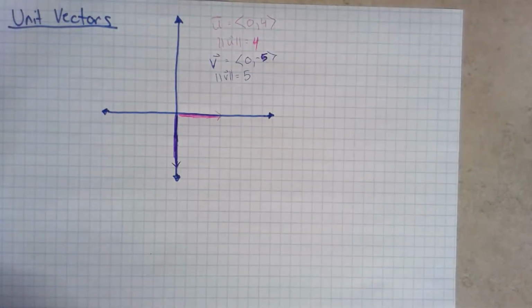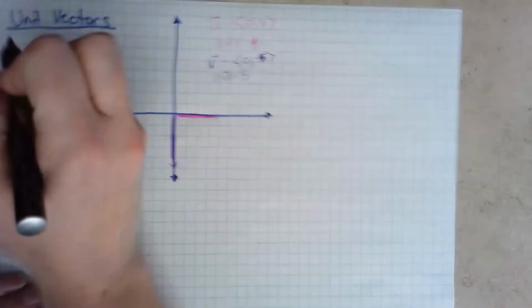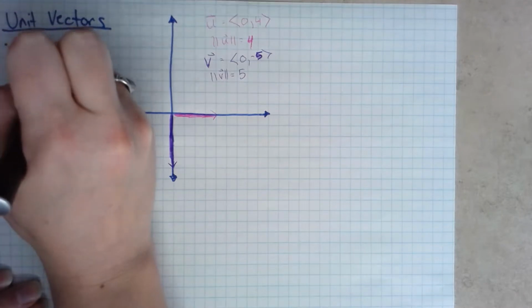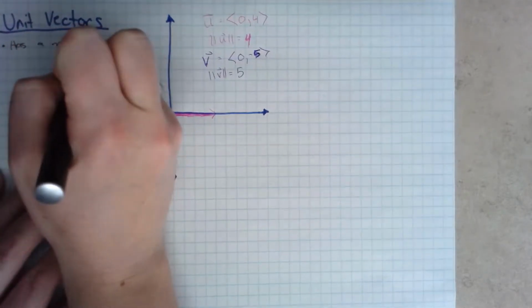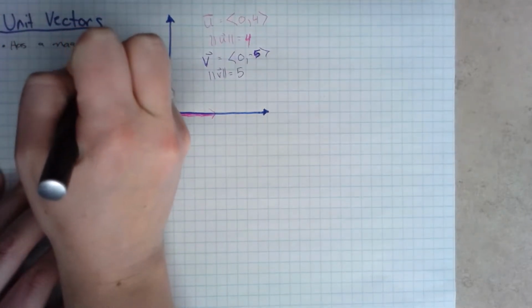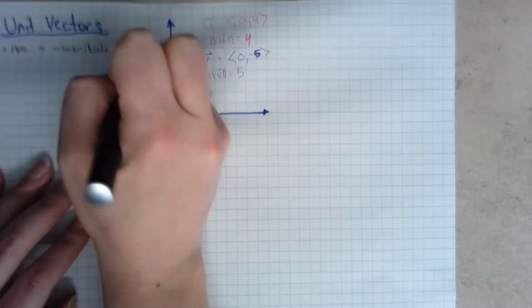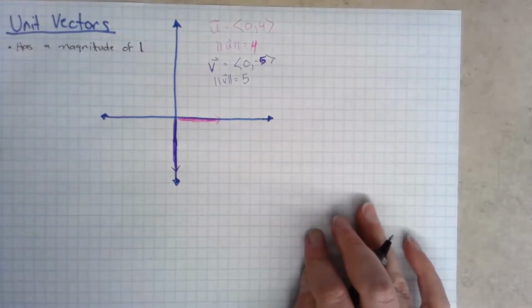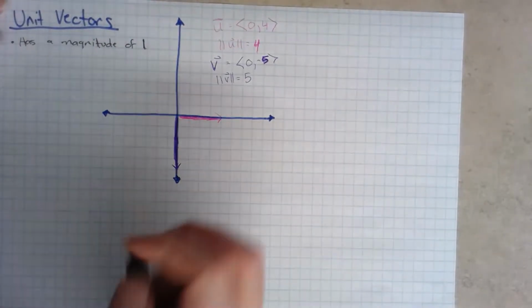Well, unit vectors have two criteria. The first criteria is that it has a magnitude of 1. That is the first criteria.